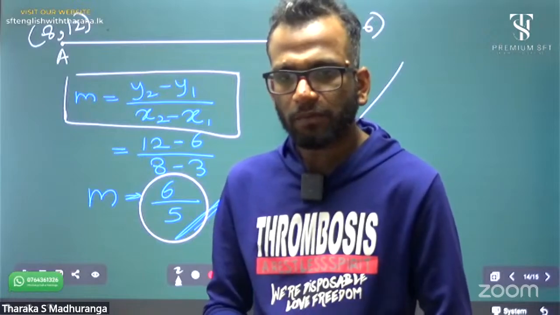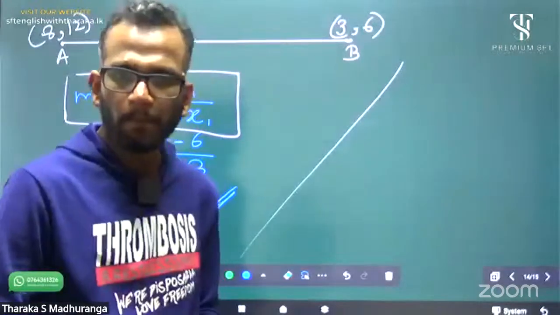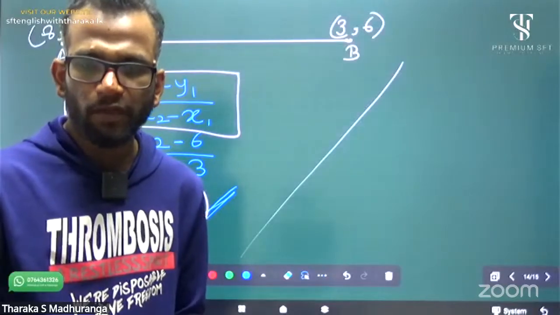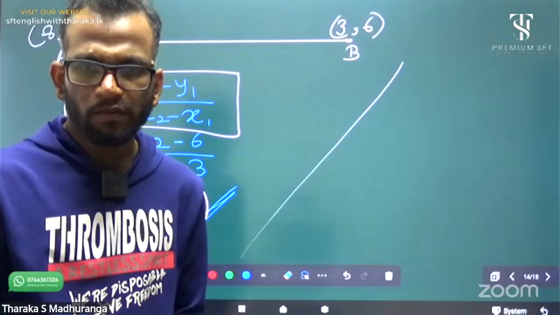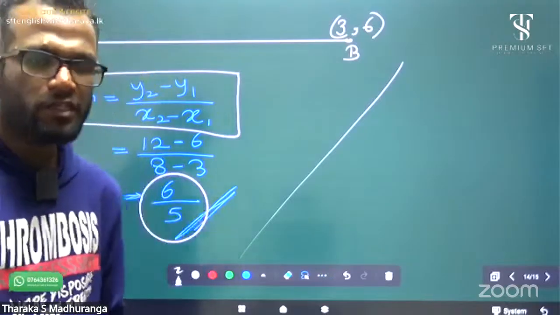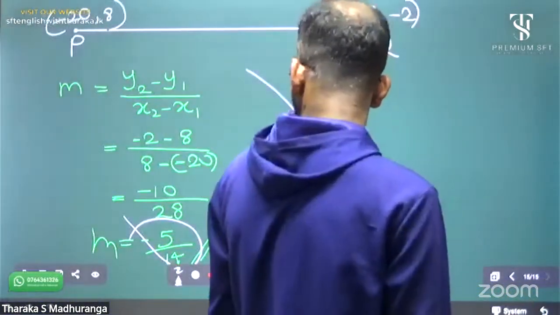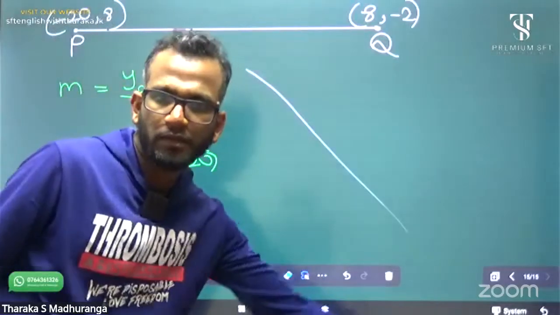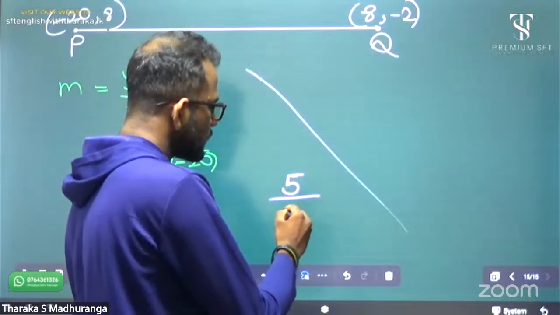14 I took from the opposite direction. I got 5 minus 5 divided by minus 14. Opposite direction means? You got 5 minus 5 divided by minus 14.